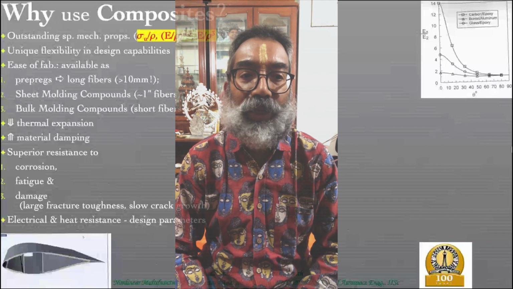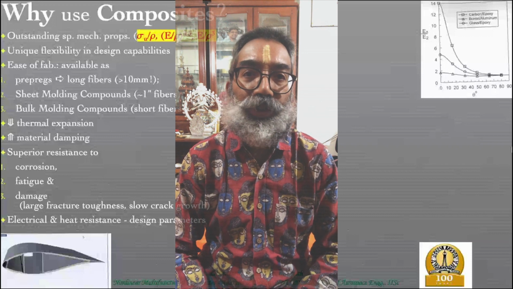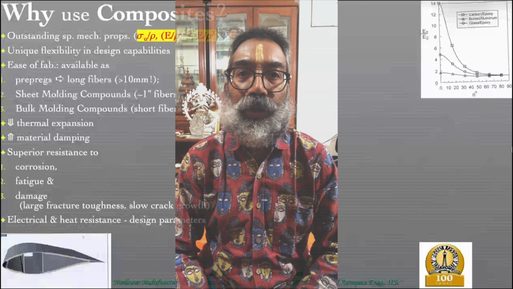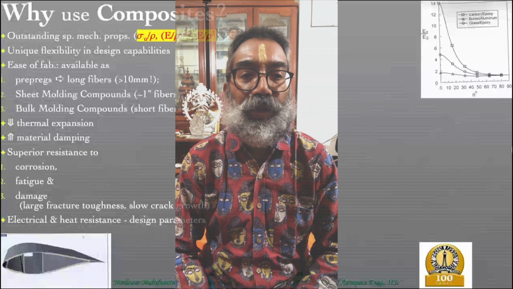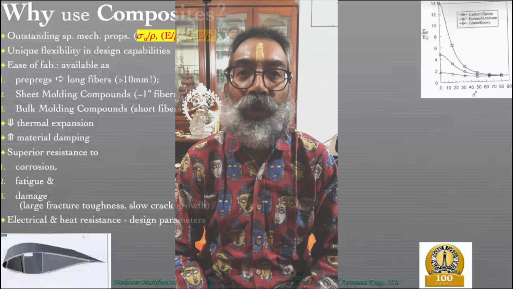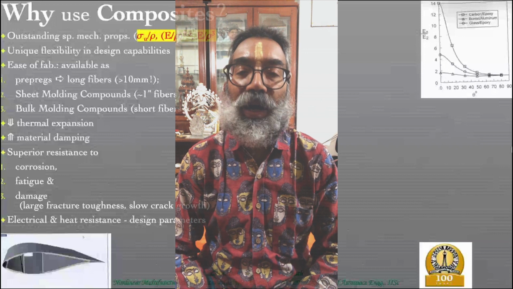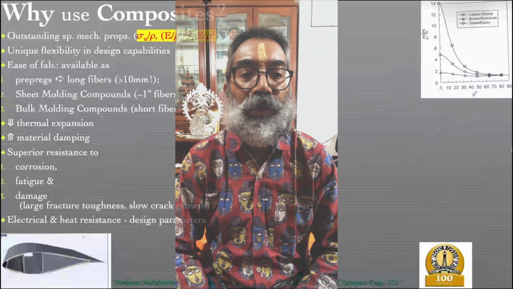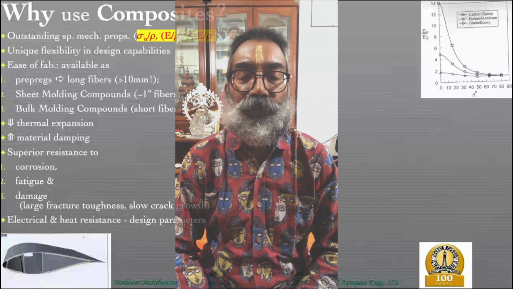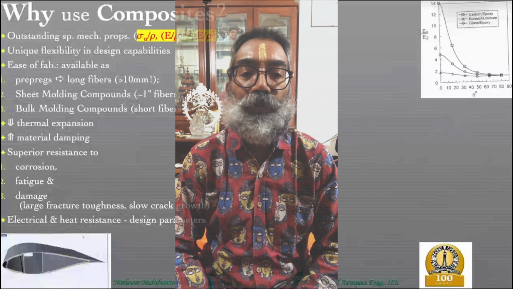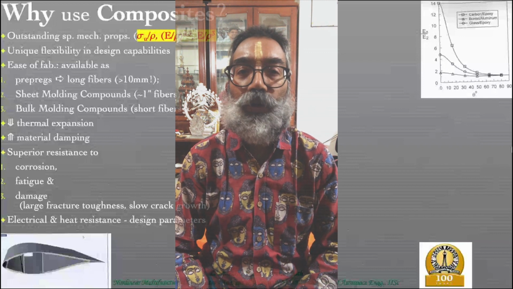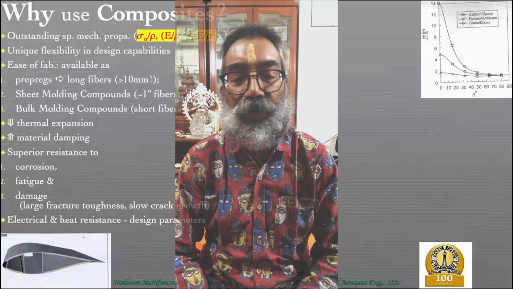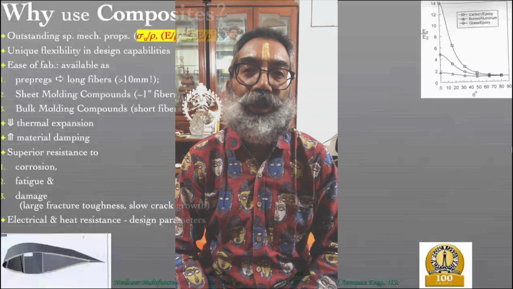Then we said that there is a tailorability aspect, both from a structural perspective as well as electrical, heat resistance, etc. And then in terms of the ability to fabricate it using various prefabricated or partly fabricated forms like prepregs, SMCs, BMCs, etc. And then we also said that in terms of polymer matrix composites, the thermal expansion coefficients are lower, and therefore the ability for dimensional stability even in the presence of temperature changes is pretty good.